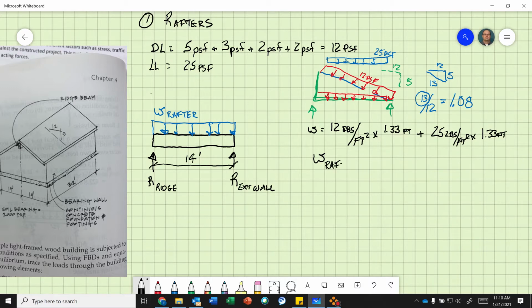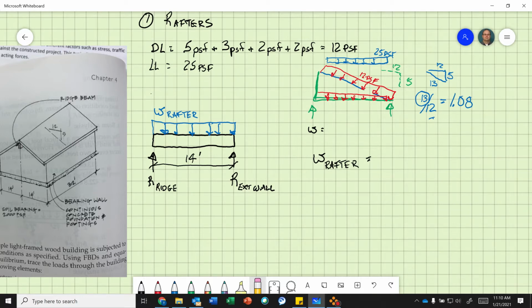So if I reduce this math, equals, so we take 12 times 1.33. Oops, I forgot to add times 1.08. So I'm going to erase this because I want to make sure it's clear of how this works.